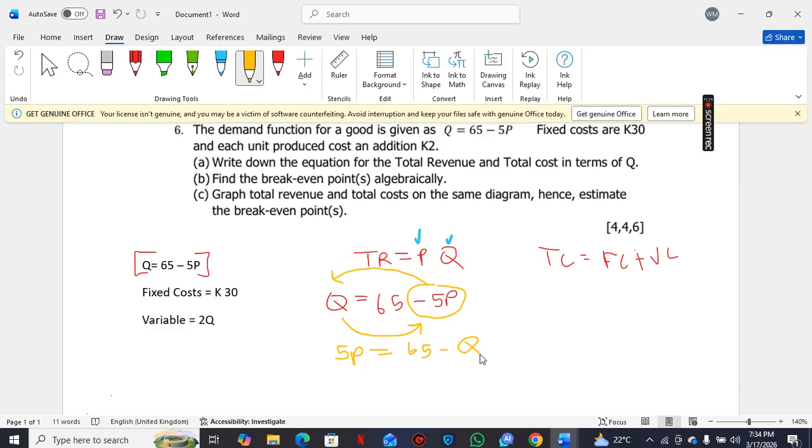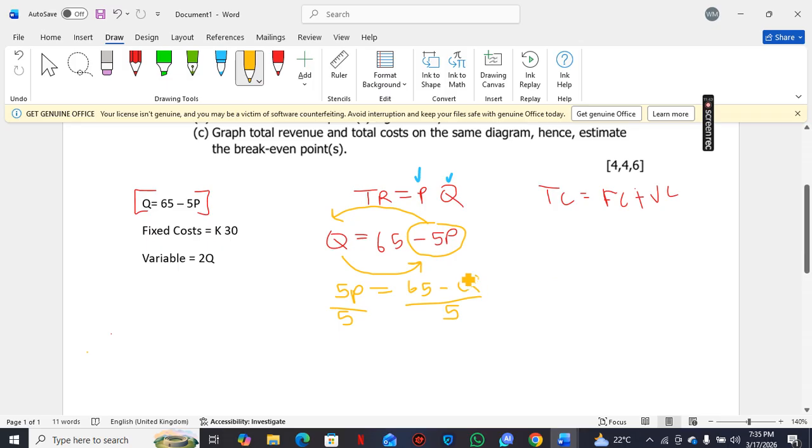So to get the value of P, you divide both sides by 5. So P equals 65 minus Q, over 5.